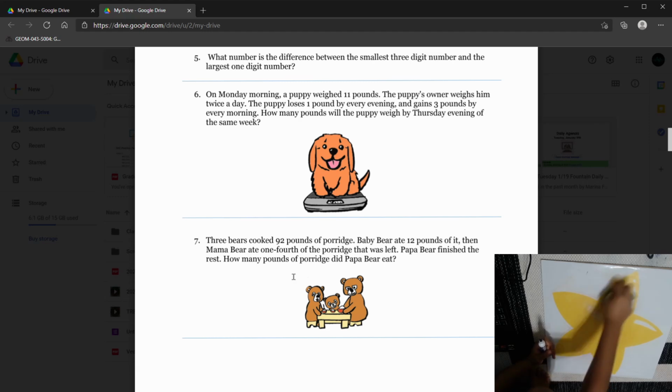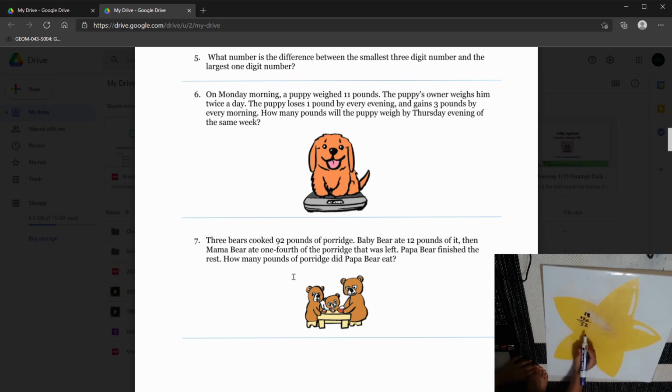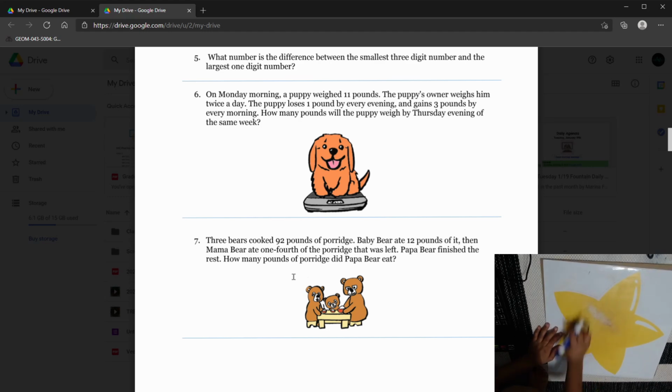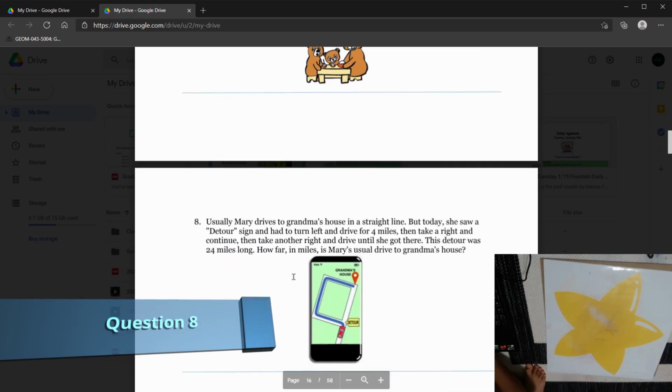So Mama bear ate 20. If we add 12 plus 20, we would get 32. And now that we have 32, we would do 92 minus 32, and we would get 60. So the answer would be 60. Moving on to number 8.